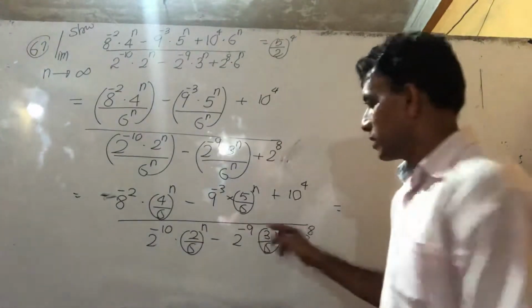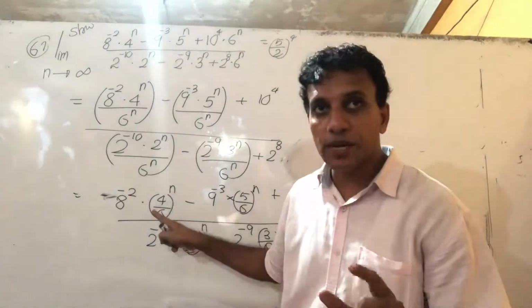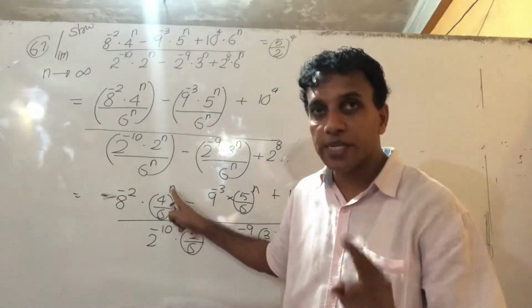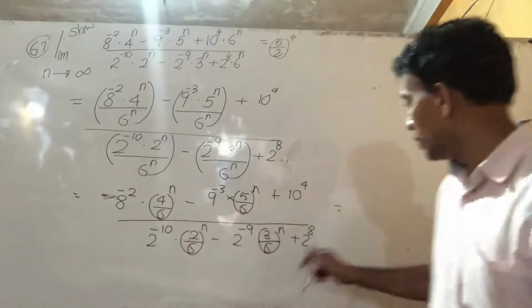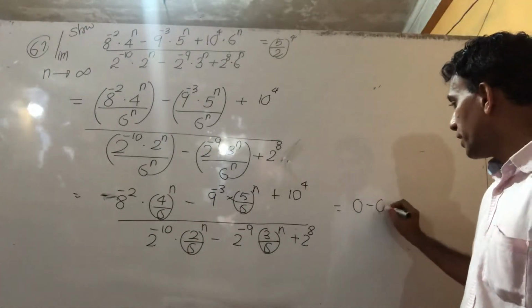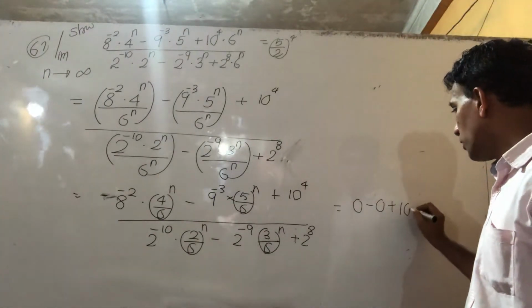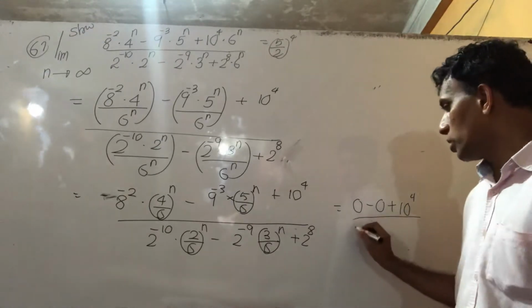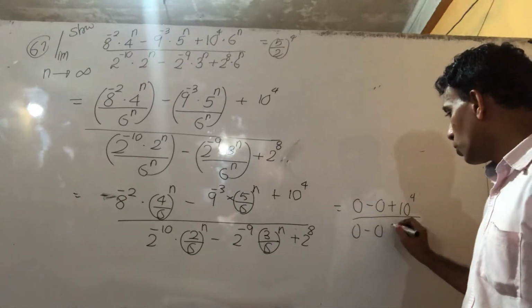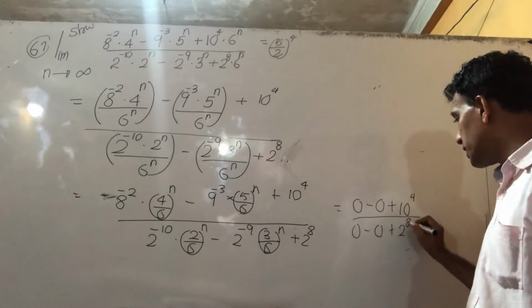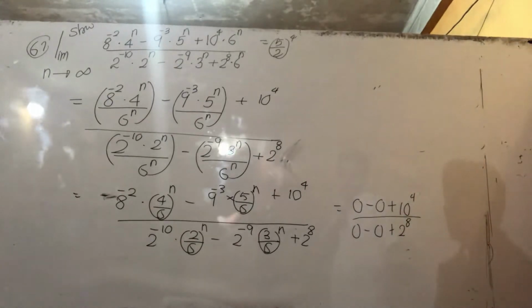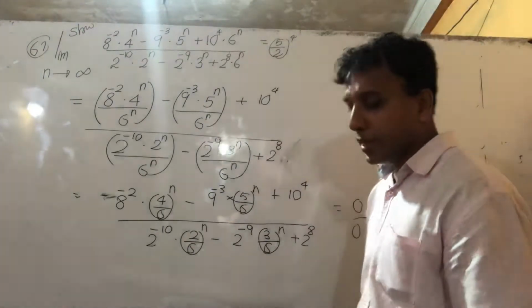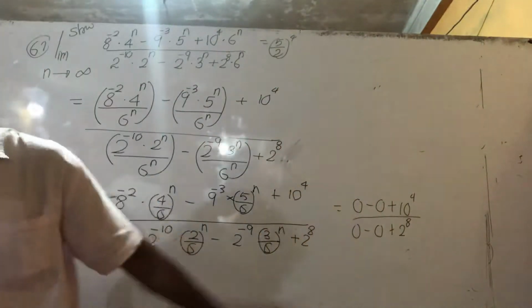So check the answer. Any base that is a real number, with the power infinity, the answer is 0, right? This is 0 minus 0, 10 to the power 4 over 0 minus 0 plus 2 to the power 8. So the answer is 10 to the power 4 over 2 to the power 8.